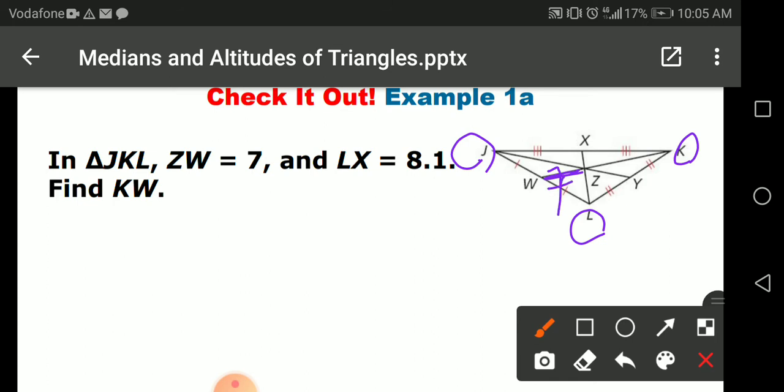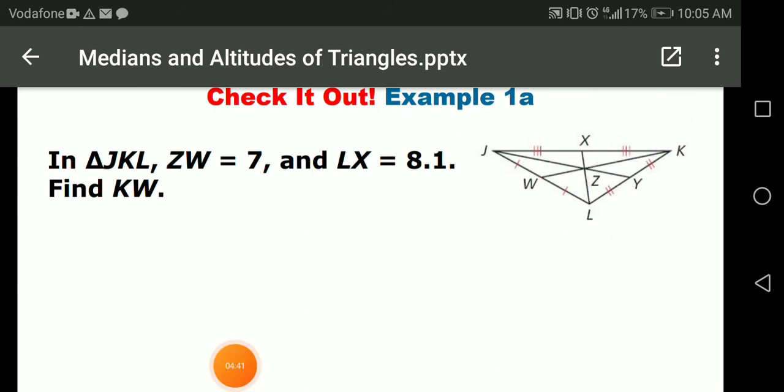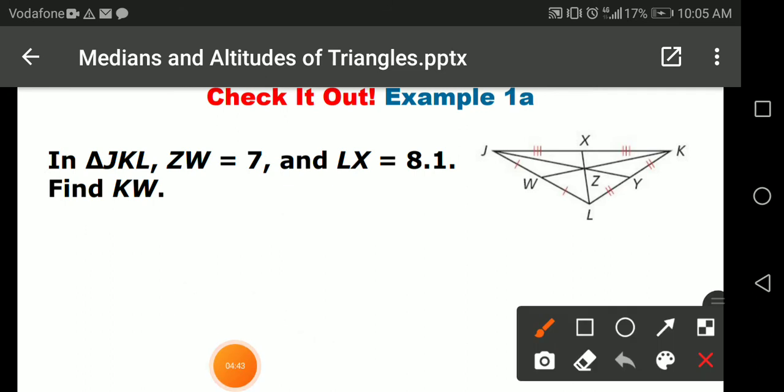LX, the whole one, is 8.1. He asks me to find KW. Where's KW, guys? KW, this one. Very easy.